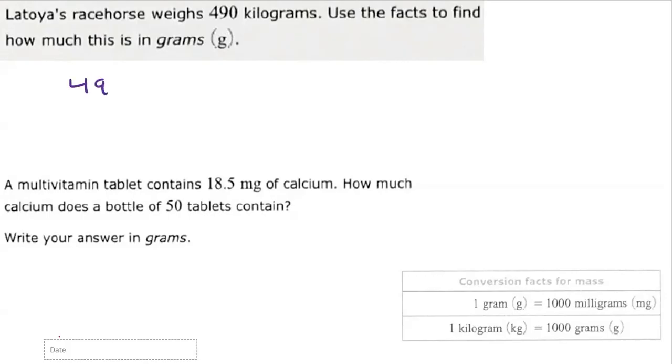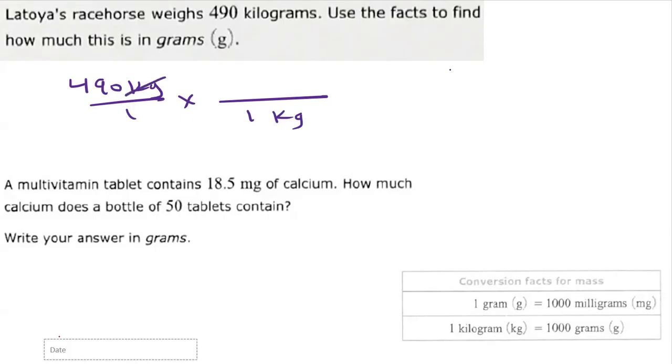So we'll start off with the 490 kilograms divided by 1. Again, what needs to go on the bottom, the kilograms or the grams? Exactly, it's going to be the kilograms, because we want to get rid of the kilograms. So we need to put 1 kilogram in the denominator.